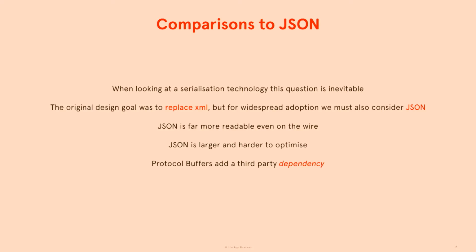That being said, JSON comes with its own downsides of actually having to deal with JSON in your application. It's larger and it's harder to optimize. And on the other flip side, protocol buffers require a third-party dependency to interact with them. That being said, most people add a third-party dependency to interact with JSON as well, so we might take or leave that last point.